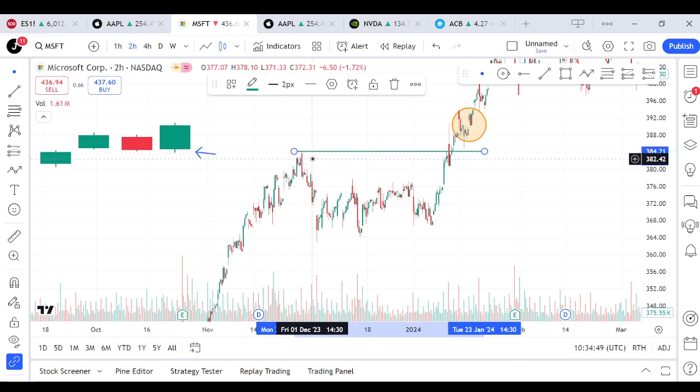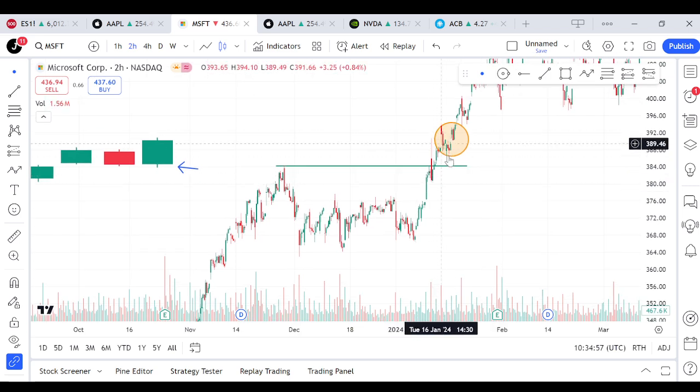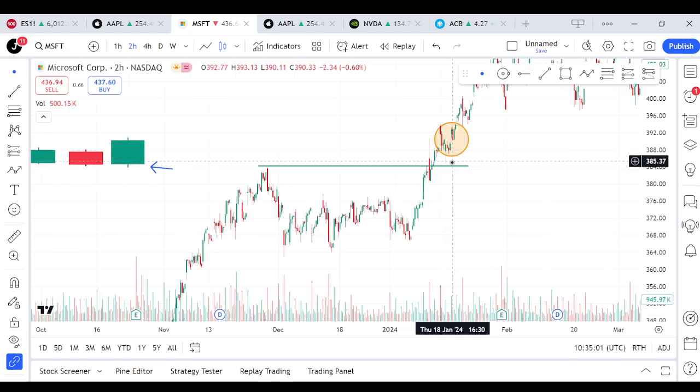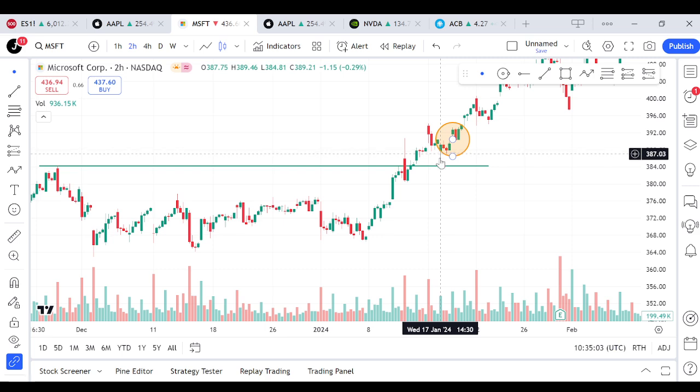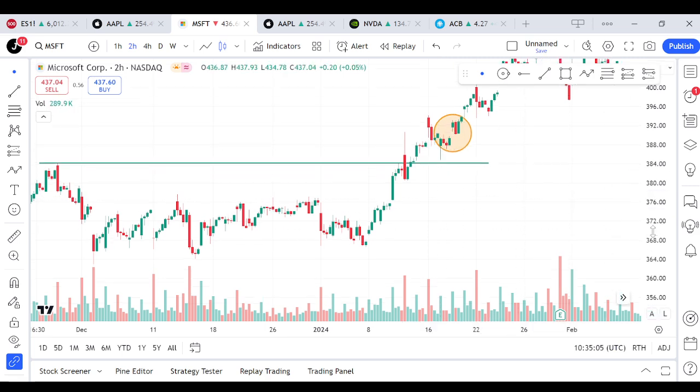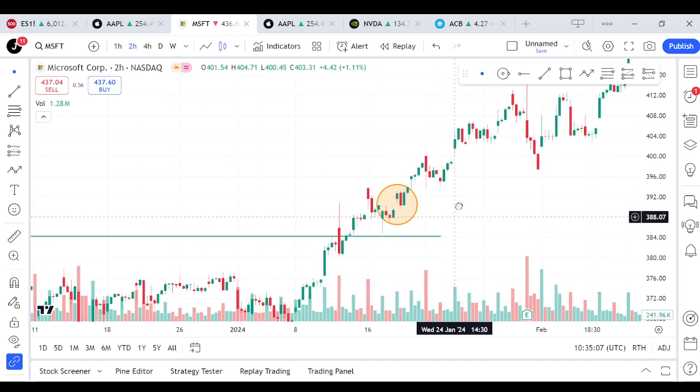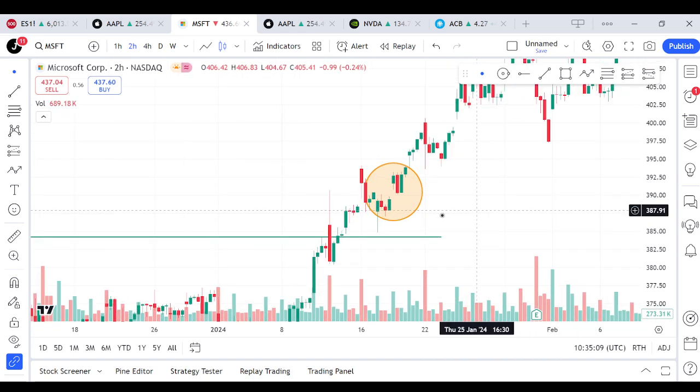This is supposed to be resistance turned support, and we should be expecting bullish continuations from this area. You see price coming back down to this area and it starts to reverse, giving us this rejection. You have this hammer candlestick pattern right here, and after that we have the Upside Tasuki Gap candlestick pattern.